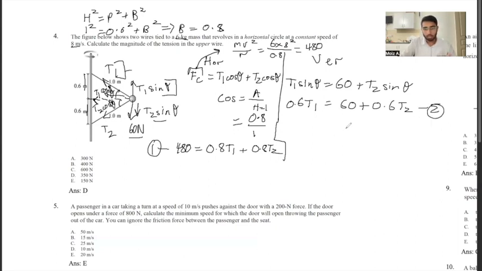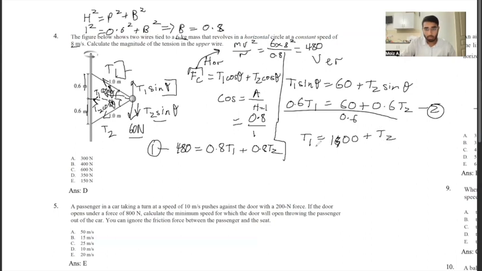We're going to simultaneously solve these. Dividing this all by 0.6, T1 equals 600, I guess. Yep, 600. 60 divided by 0.6 is 100. It's 100, 100 plus T2.